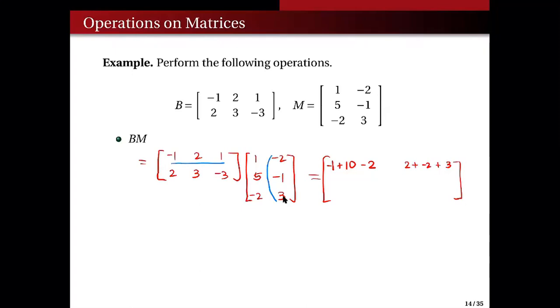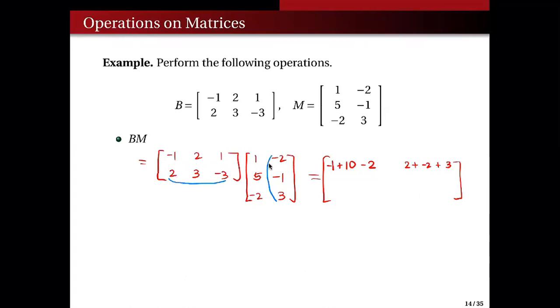Now let's look at second column for M and then second row for B. So second row, second column, so it must be on the 2-2 entry, row 2, column 2 of the product. So this part here.